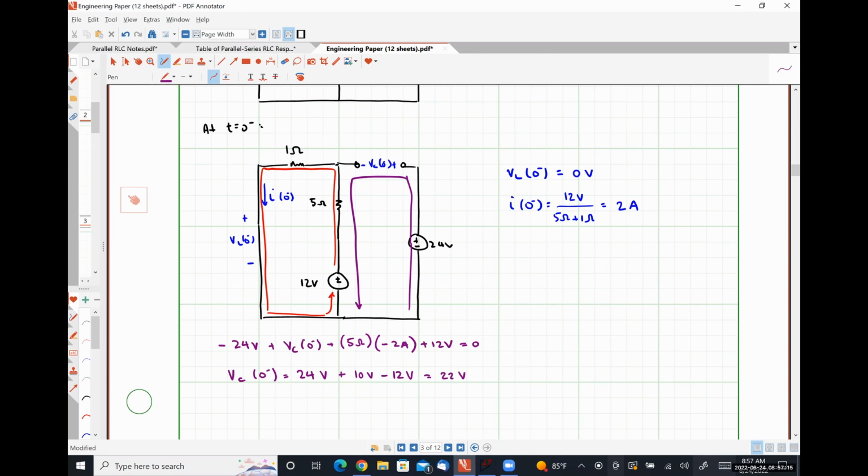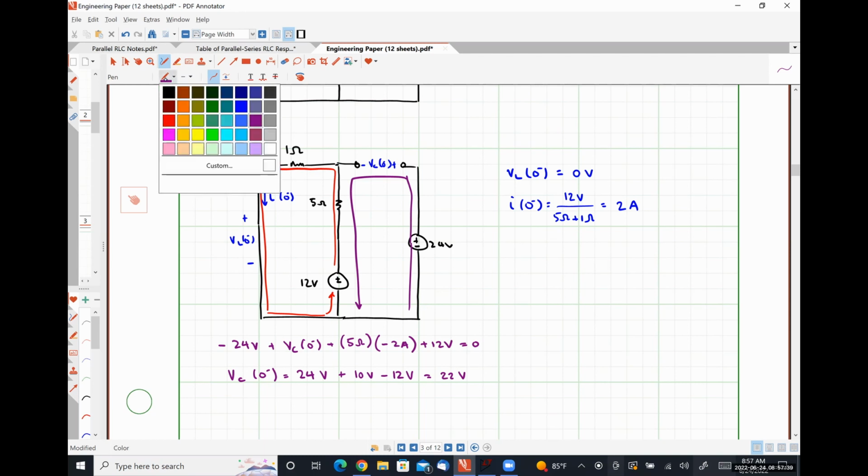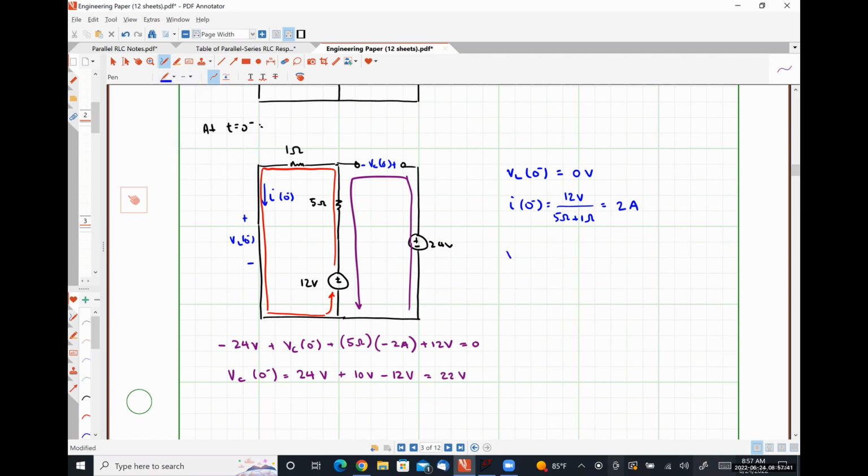I just want to check my KVL equation to make sure I haven't made any simple mistakes here. Because my current is flowing in this particular direction, I should have a negative 10 volt drop. Yeah, all right. So from here, VC of 0 minus is equal to 22 volts.